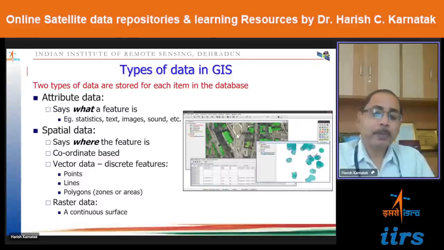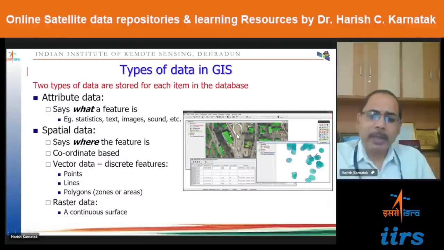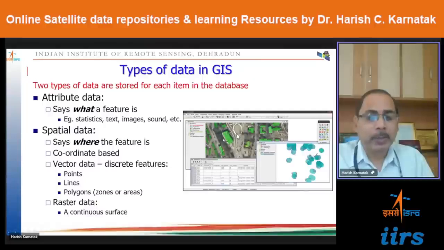For example, if I have the footprint of a building, definitely I can say that it is a building, but I cannot say whether this building belongs to a school, or is a private building, or a shopping center, or something else. This information has to be collected from the ground. So if I have this information with me, I can store it as attribute data.